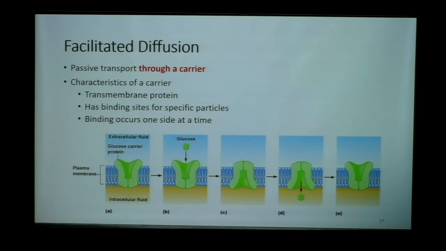So we have our plasma membrane, our phospholipid bilayer, the extracellular space, the intracellular space. This is an example of our transmembrane glucose carrier or glucose transporter. And as the name implies, glucose cannot simply move through the membrane, right? It needs to be facilitated by one of these transporters.